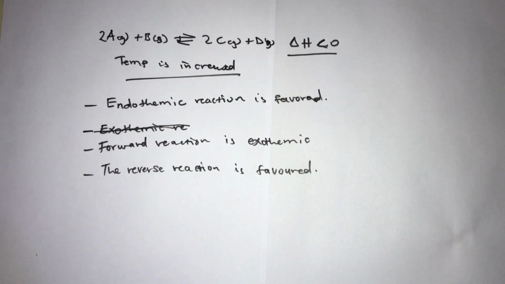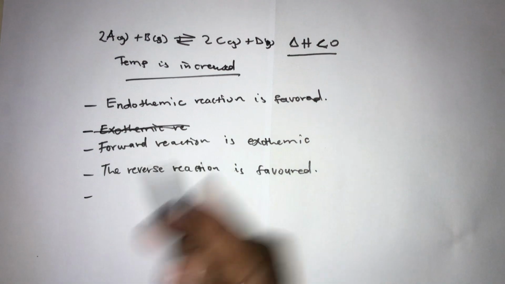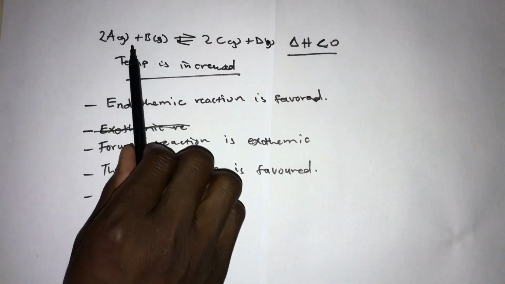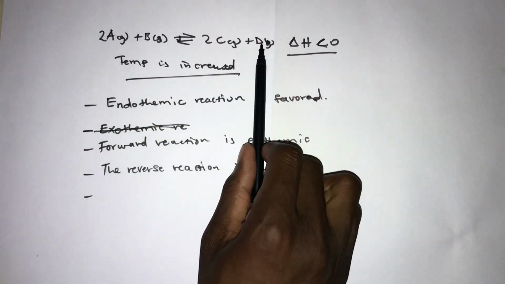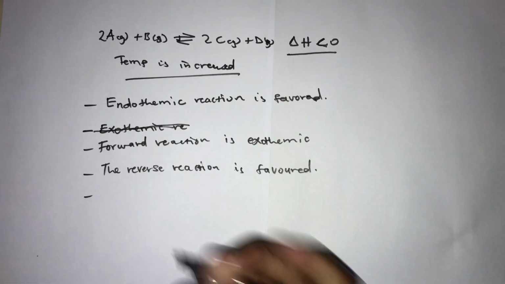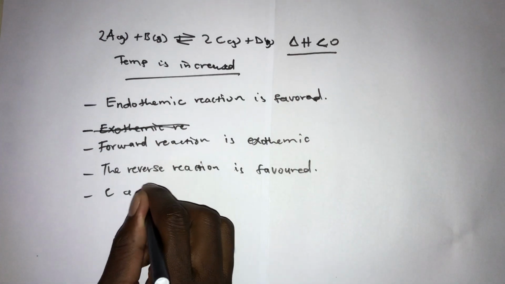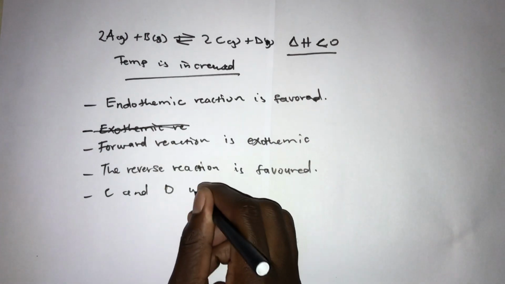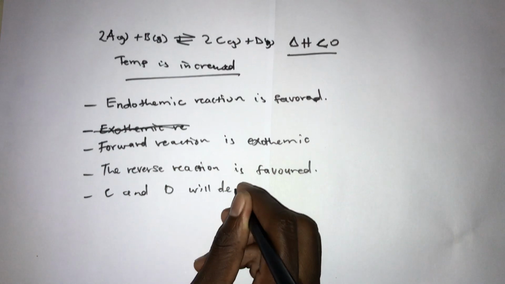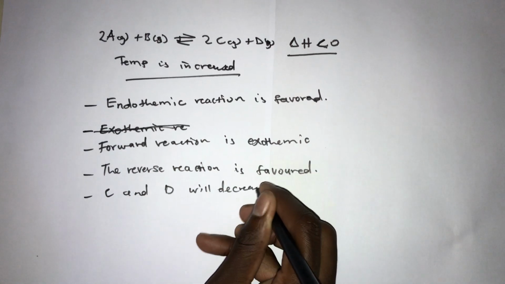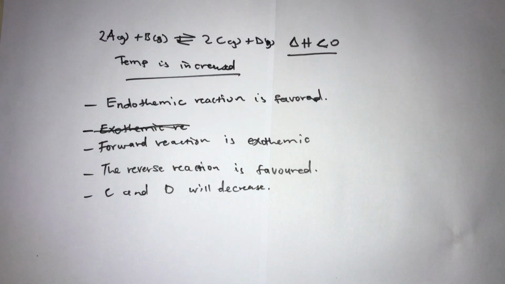Since the reverse reaction is favored, check what the reverse reaction is. That is our A. So it means that C and D will decrease, right?